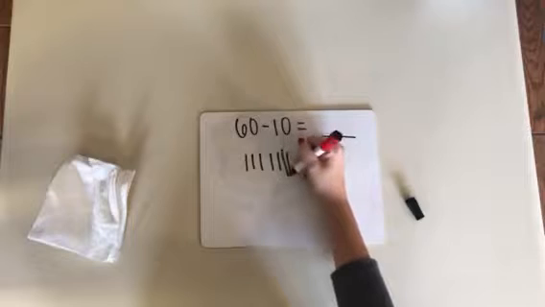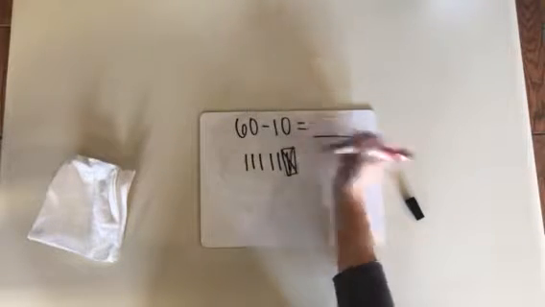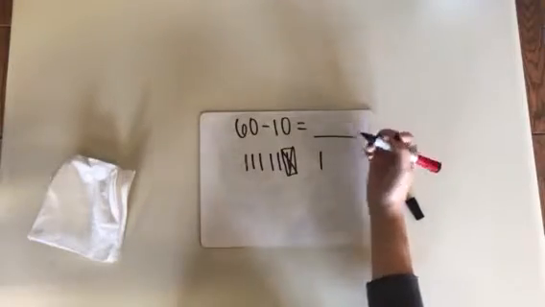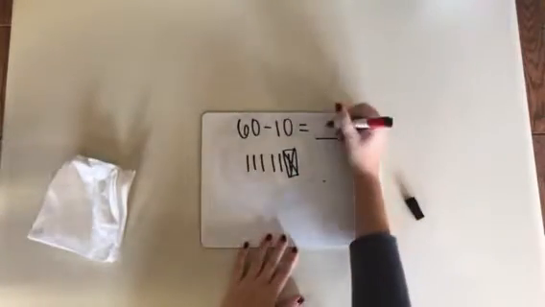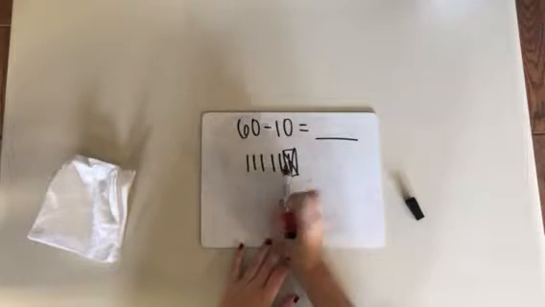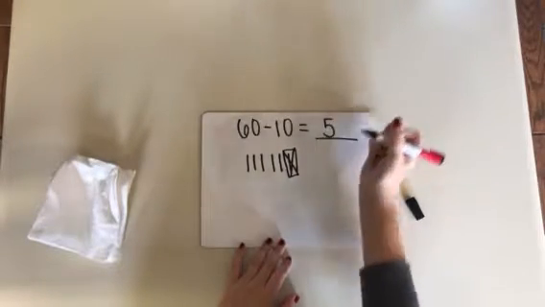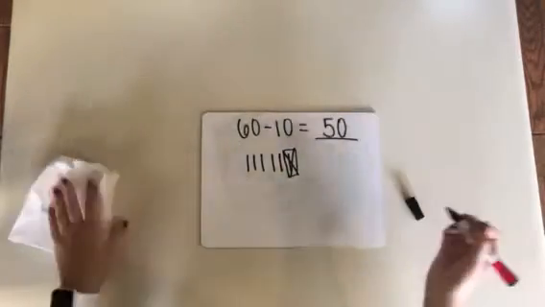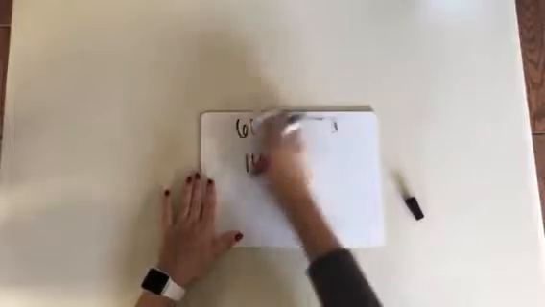So we're going to take 1 10 stick away. Now remember, we wouldn't draw the extra 10 because then our number would still be 60. So we have 1, 2, 3, 4, 5, or we have 10, 20, 30, 40, 50. So 60 minus 10 is 50.